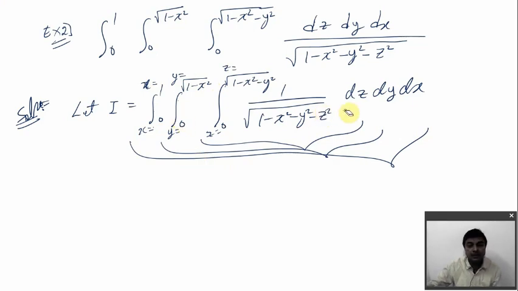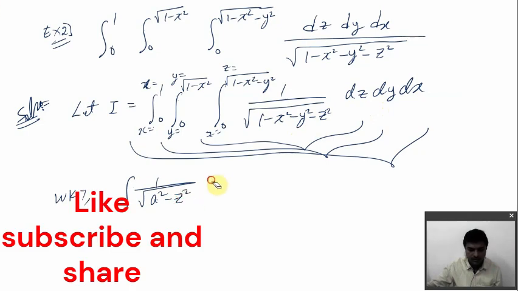Okay, so next example you find this is a little bit different, so keep on watching the video. So continuously simplifying the example students. Here we can see, remember the formula. We know that, we remember the formula students. This is 1 divided by square root of a square minus x square dx is equal to sine inverse x by a.